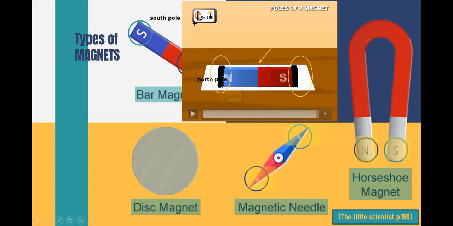This means that the force of a magnet is stronger on the poles. The force of a magnet is strongest at the poles, at the North Pole and at the South Pole.